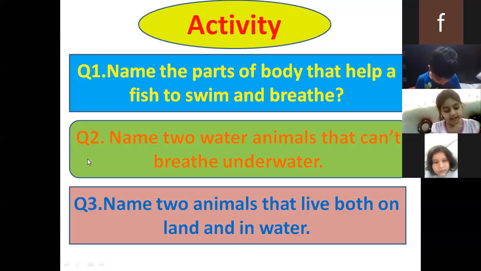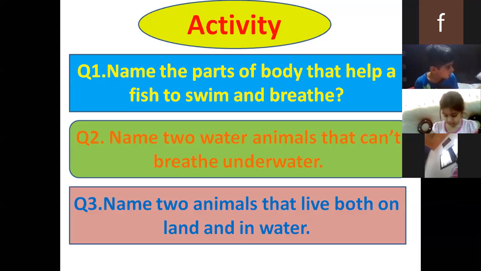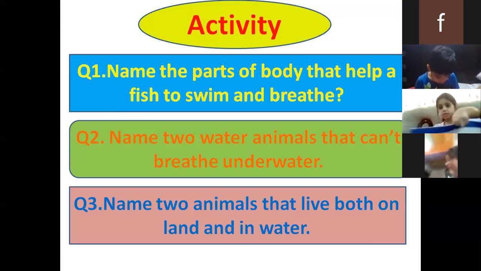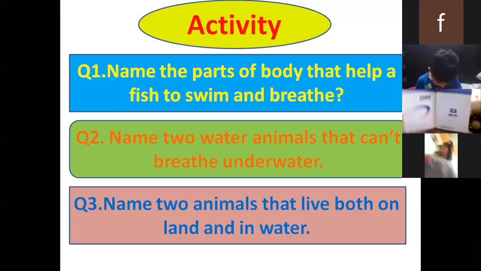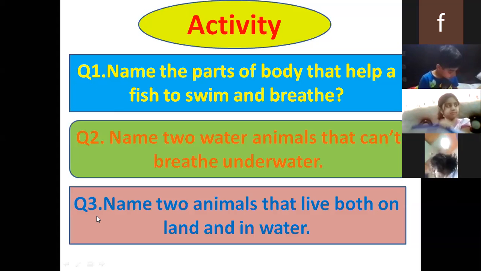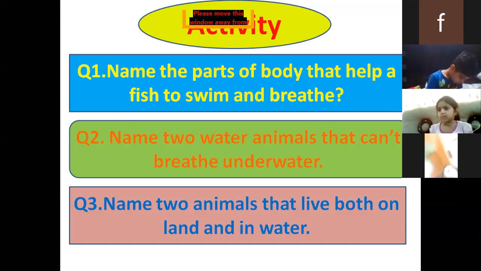Okay? Then question number 2, name 2 water animals that cannot breathe underwater. They have to come on the surface and put their heads above the water to breathe. Okay? Then question number 3, name 2 animals that live both on land and in water.